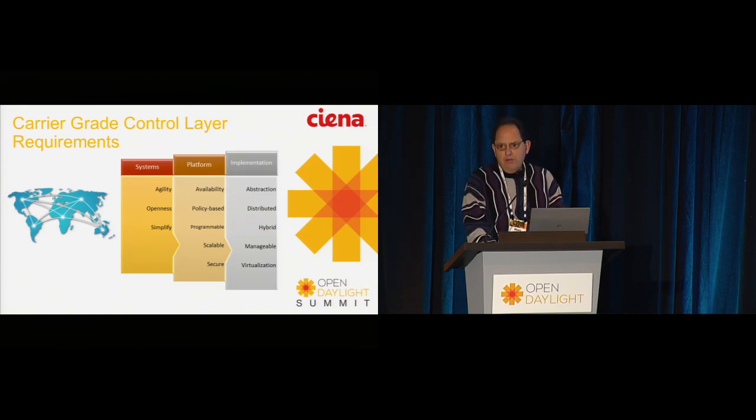And then, of course, in the implementation domain, we need to be able to provide abstraction, a distributed implementation of the control layer, or in other words, some type of clustering of the controllers that actually implement that control layer.